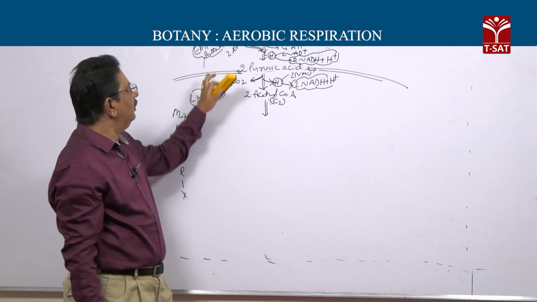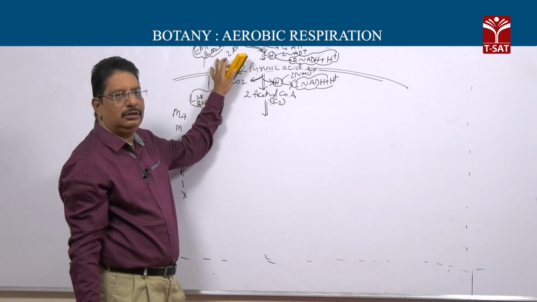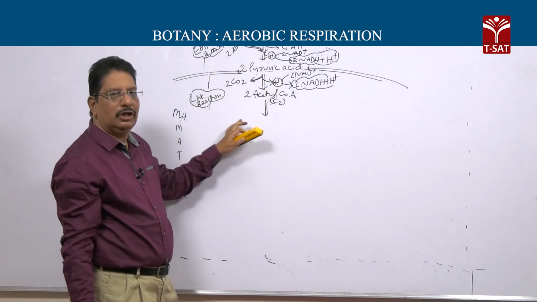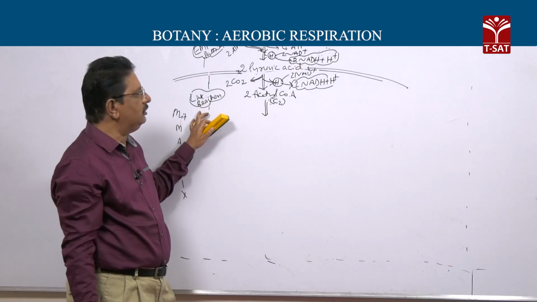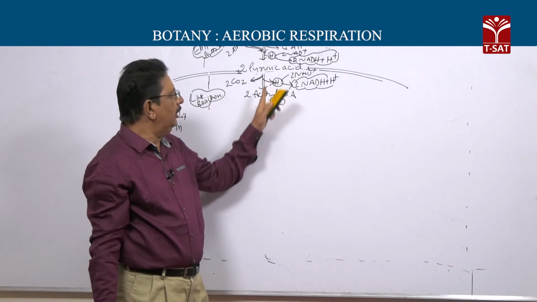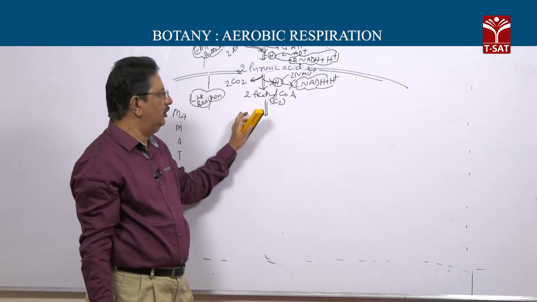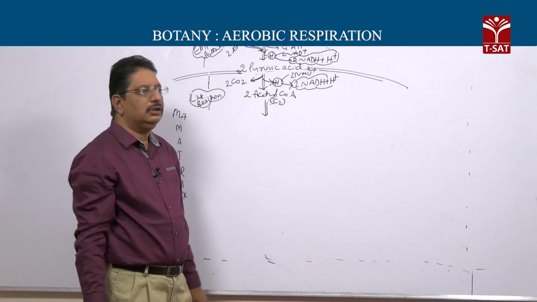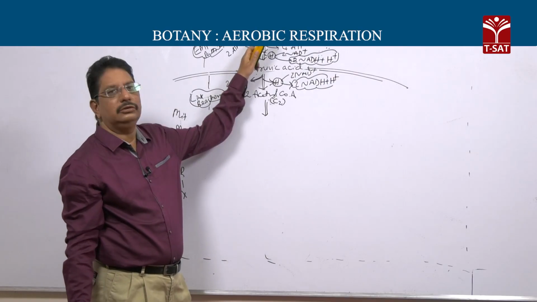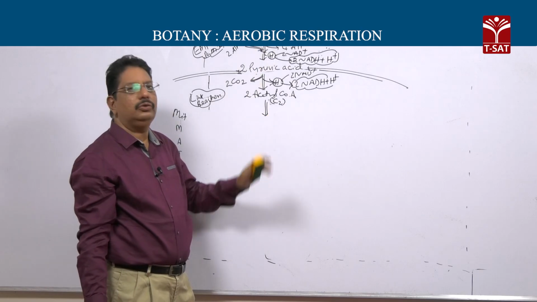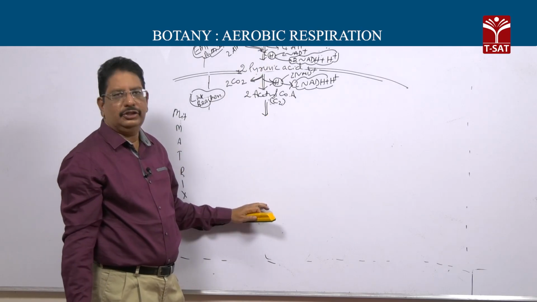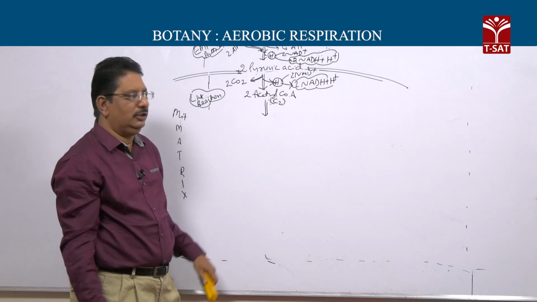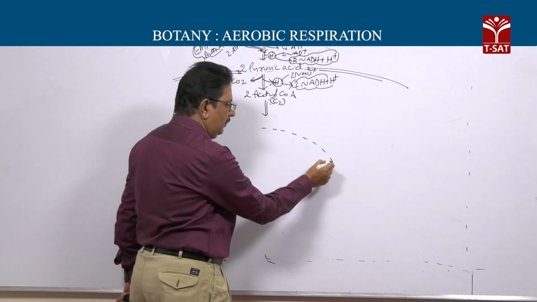So, after the EMP pathway in the cytosol, we just witnessed a simple equation or process in the mitochondrial matrix involving conversion of pyruvic acid into acetyl coenzyme A. And this acetyl coenzyme A, which is a 2-carbon compound, a residue of glucose, is going to participate in the next event, which is called the TCA cycle, otherwise the Krebs cycle.